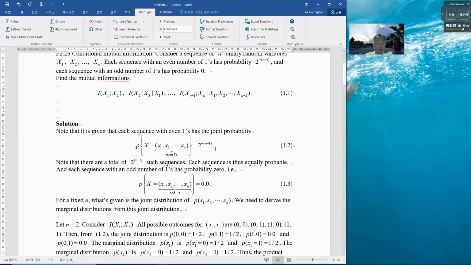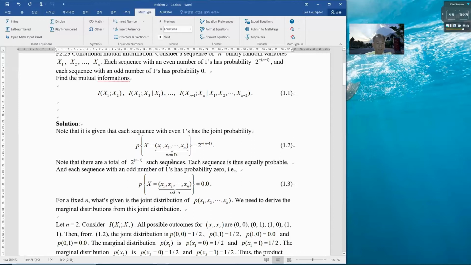So each sequence with an even number of ones has the same probability. And note that there are 2 to the power of n minus 1 such sequences.